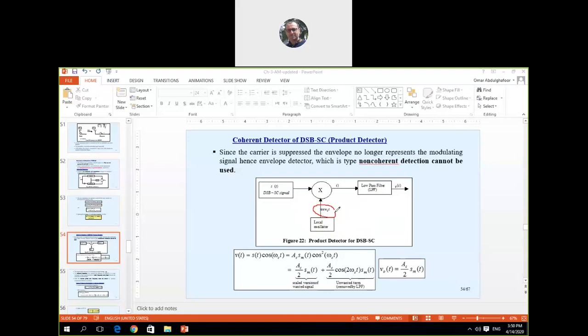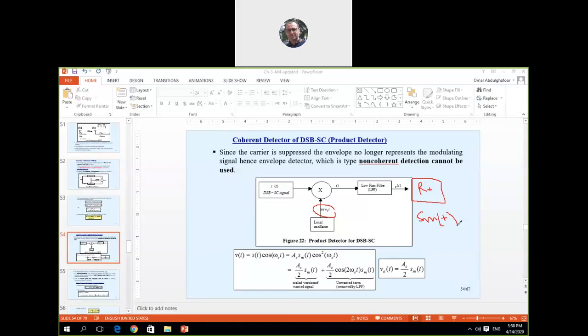Then we have a multiplier, and after that a low pass filter. When we say detector, that means I need to receive SM of t.